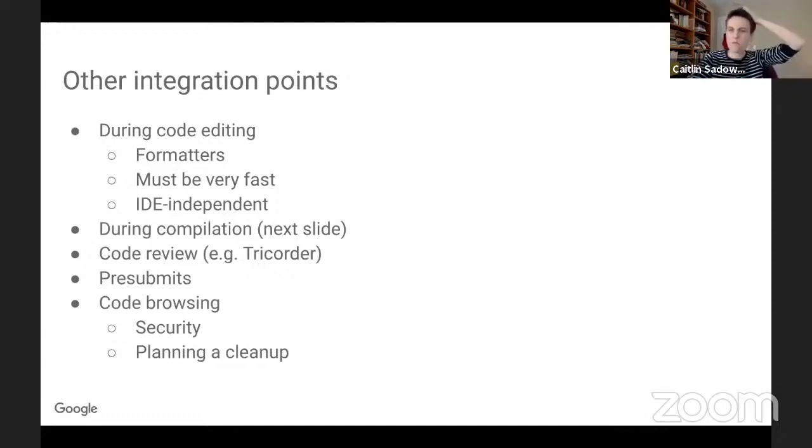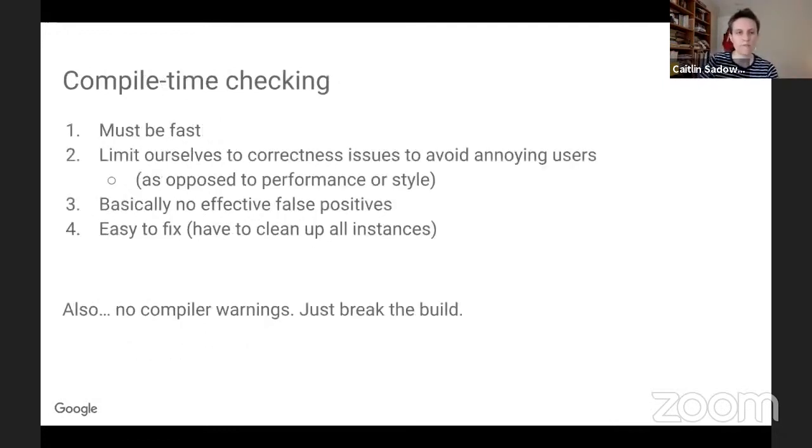Although I mentioned that showing results in code browsing is not always useful because it's not part of this workflow necessarily for developers. In some contexts, it is really useful. So for security issues, for example, you may have a separate security team that's reviewing all the problems, or if you are planning a cleanup and you want to see how often a problem occurs in the code base.